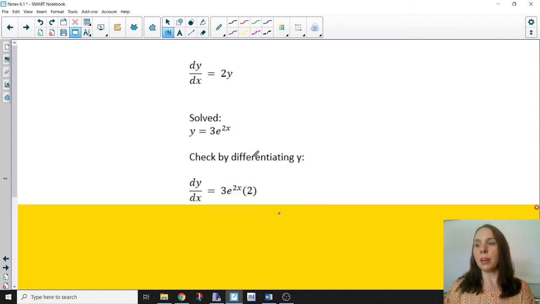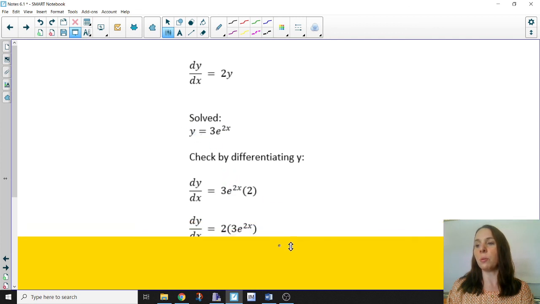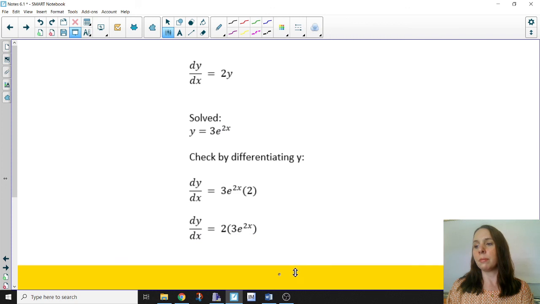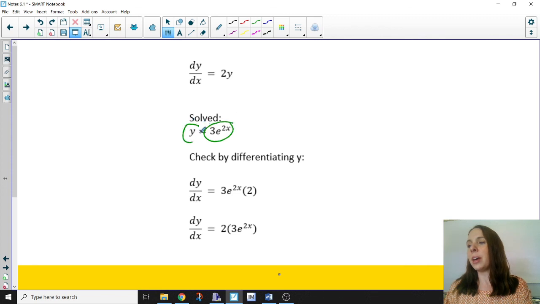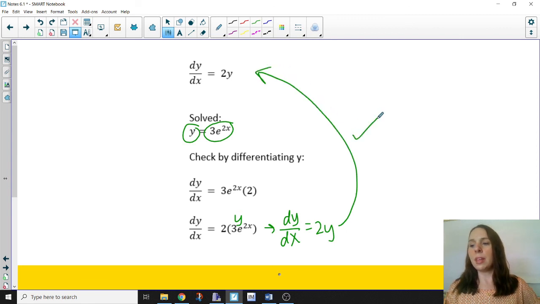The derivative of 3e to the 2x is 3e to the 2x times 2. Okay, but keep in mind, 3e to the 2x, that's the same thing as y. So we could change this 3e to the 2x back to a y. Oops, I didn't do that there. We could use substitution right here to say 3e to the 2x is equal to y. And we end up with dy dx equals 2y, which is what we started with. So that's how we know it works.